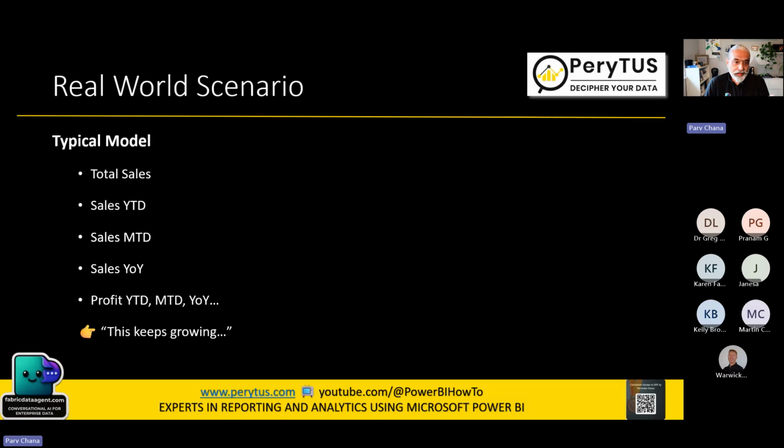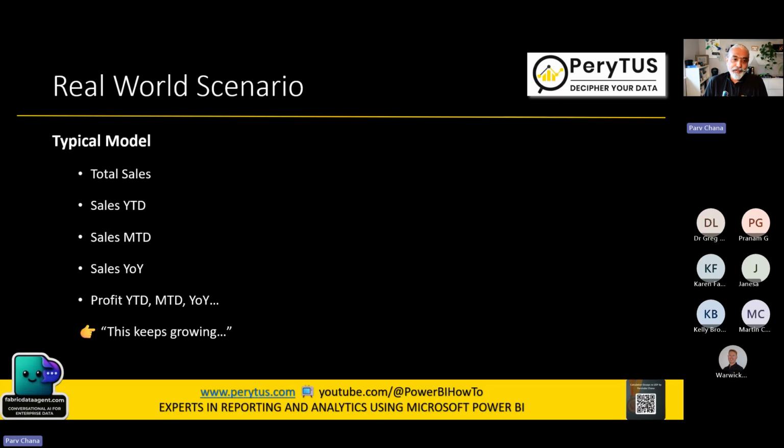Again, I just talked about it. Think about it: if you have a very simple model, which I will go over, we have sales and order quantity, for example, just two basic measures, a very simple model. Generally, models are not that simple. And then we have time intelligence, which is the most common thing. Quarter over quarter, week over week, year over year, and so forth.